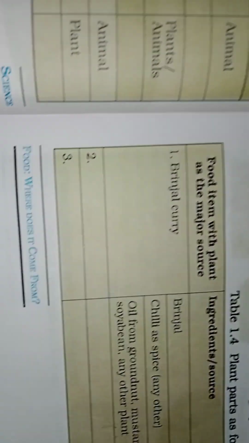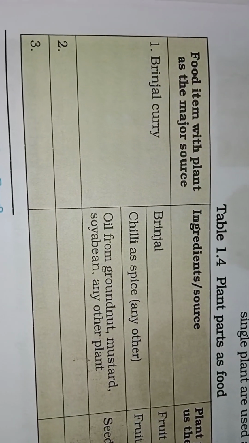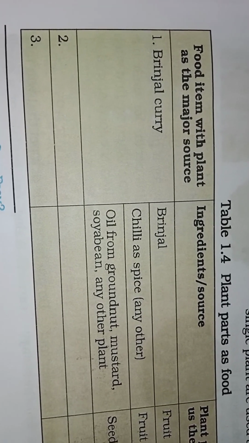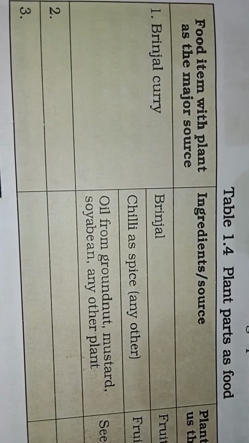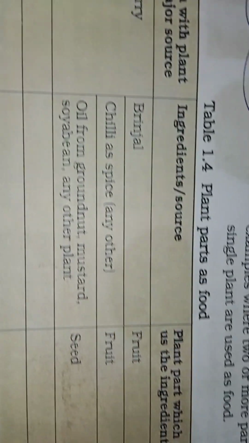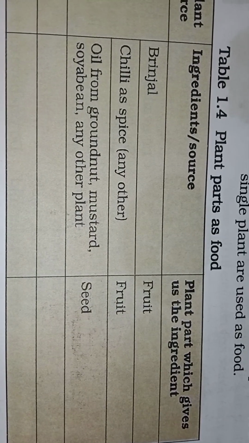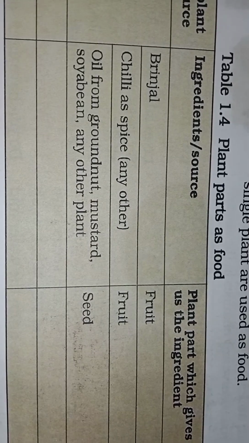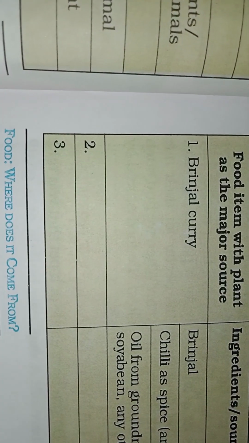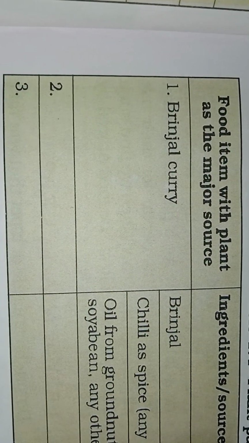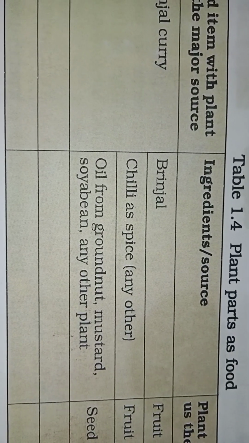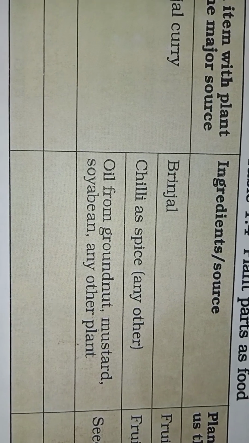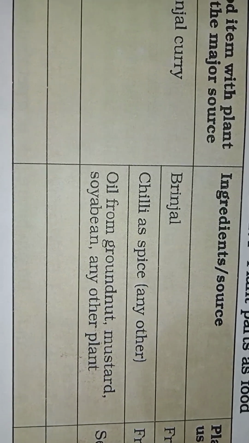See here, food item with the plant as the major source. Ingredients, and the source, the plant part which gives us the ingredient. Here, brinjal curry. For brinjal curry we need some ingredients: brinjal, chili as spice, any other.